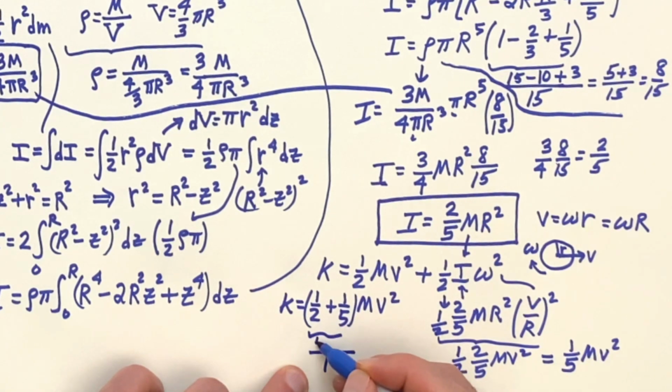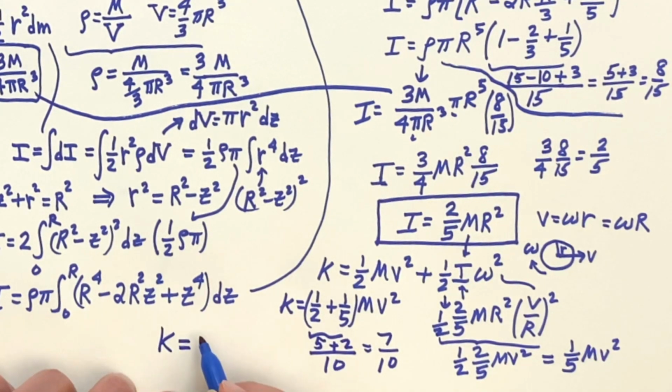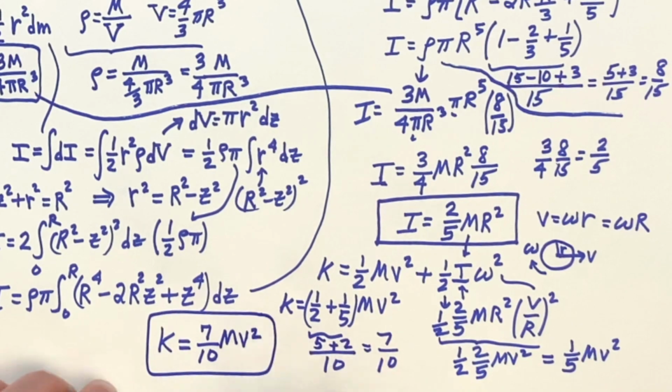We have 5/10 is a 1/2, and 2/10 for the 1/5, and that's 7/10. That's a cool formula. So in other words, the kinetic energy of a rolling sphere is 7/10 m v squared. That's nice.